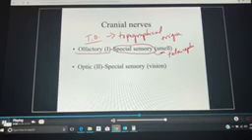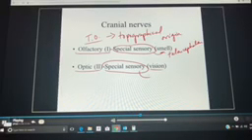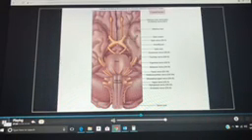Your cranial nerve number 2, optic nerve, again pure sensory, for vision. This originates from the diencephalon. Here's a picture showing you the olfactory bulb that leads to olfactory tract, so forth. And then here's your optic nerve here, leading back to a chiasm, and then optic tract.